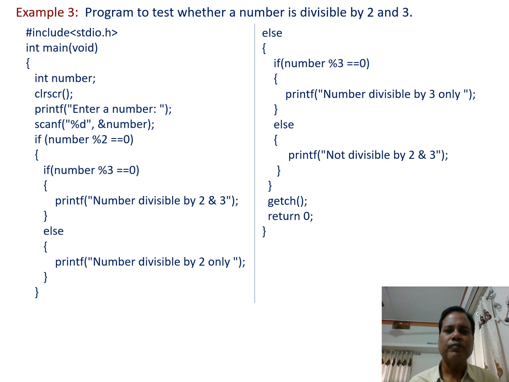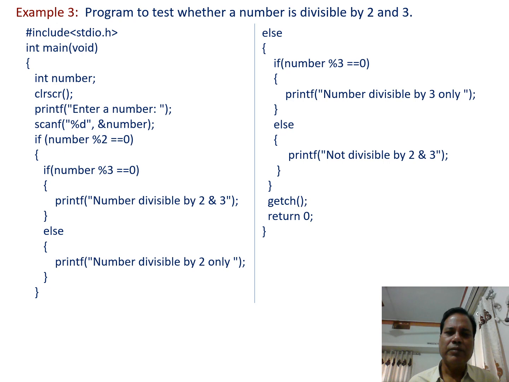Condition is checked: number modulo 2. Here we find the remainder by dividing the number by 2. If this remainder is 0, then we say that the number is divisible by 2.